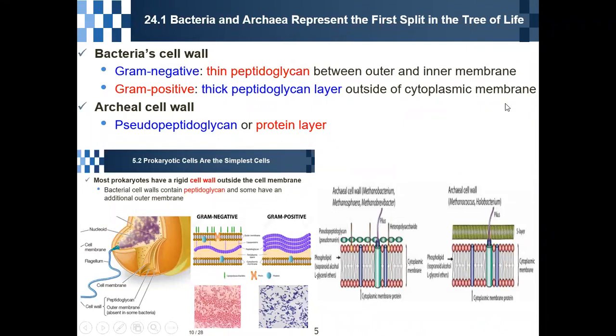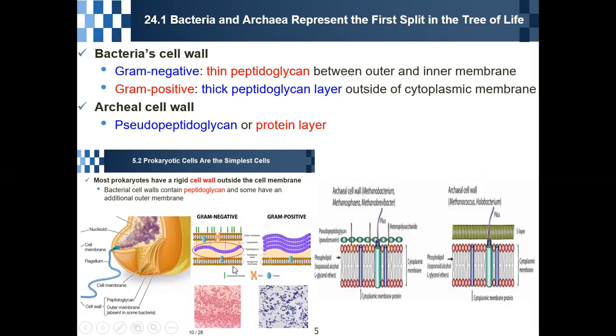So in this slide, we will compare the bacteria's cell wall and the archaea's cell wall. In chapter 5, we already covered that prokaryotic cells are divided into gram-negative and gram-positive. For example, gram-negative bacteria have a thin peptidoglycan layer between the outer and the inner membrane.